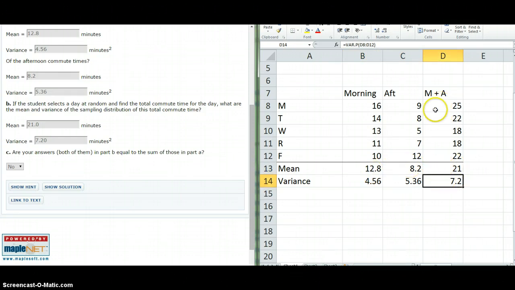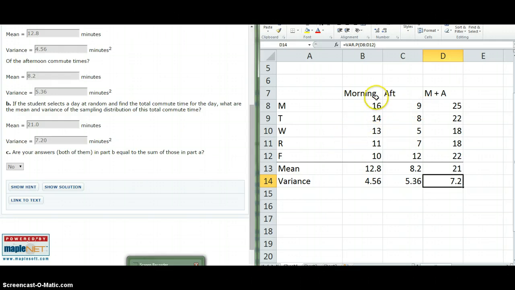Is the variance of the total commute time the same as the variance of the morning plus the variance of the afternoon? And in that case, it's not. And why is that? We can add variances, remember, but what's the condition? We can only add variances when these two variables are independent.